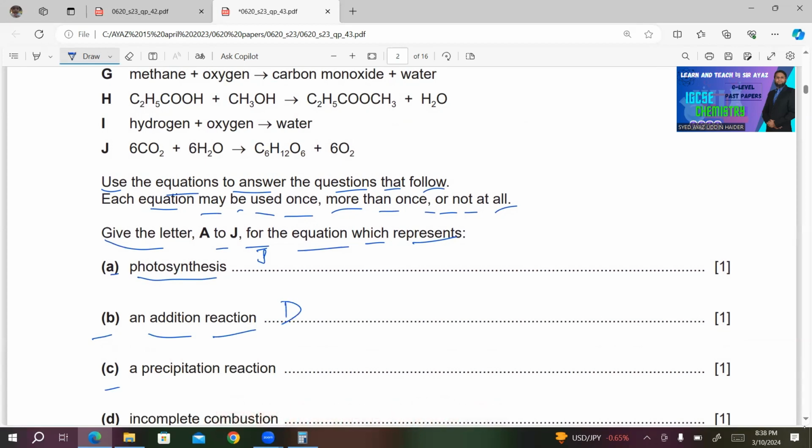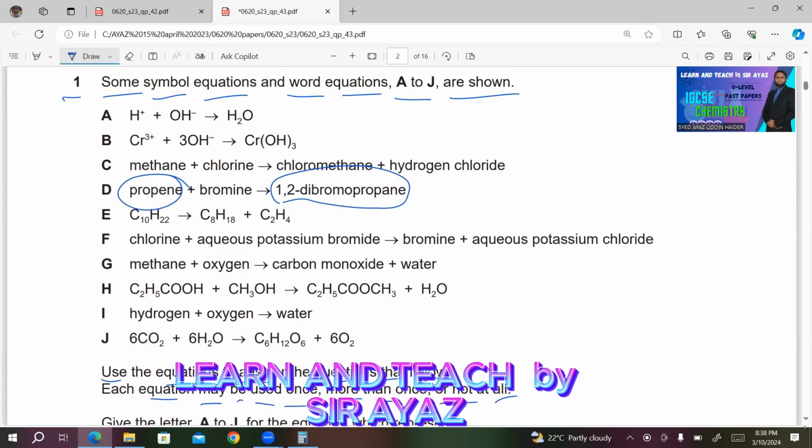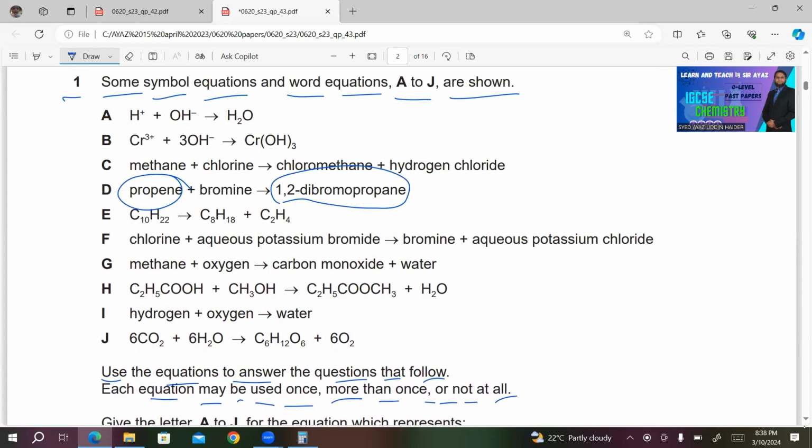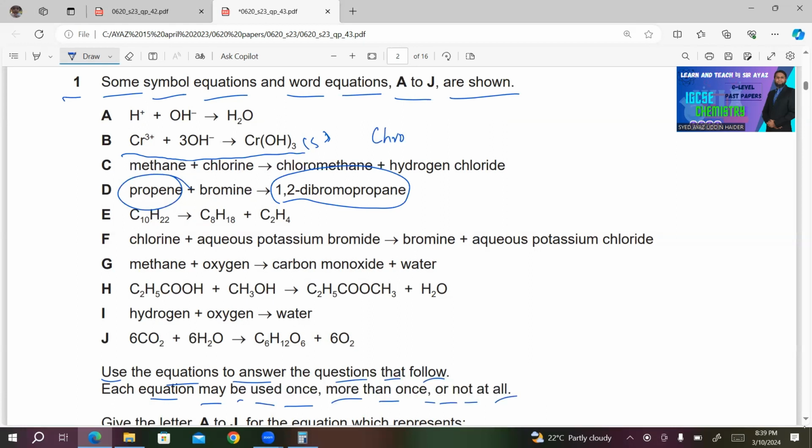Number C, a precipitation reaction. Precipitation reaction involves the formation of insoluble solid in the solution. So in choice B, you can see it's a reaction between Cr3+ and 3 moles of OH- ion to produce solid precipitate of chromium(III) hydroxide.